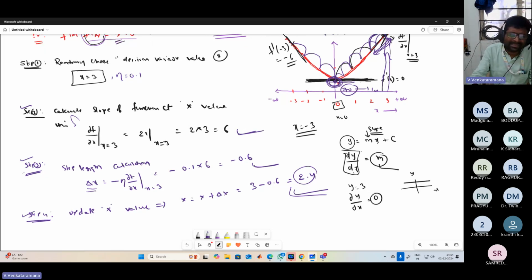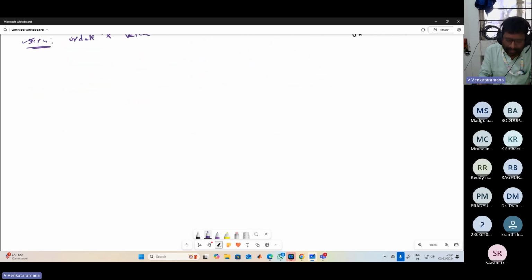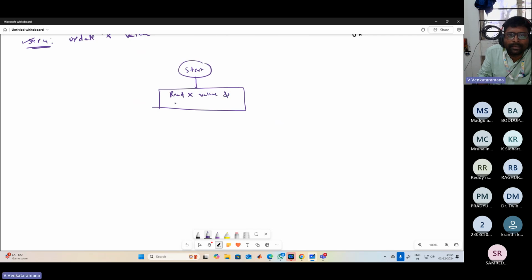Okay. So I'm trying to draw a small flow chart for this gradient descent algorithm. You need to start, and here you need to read the x value and the number of iterations. How many iterations max, how many iterations do you want to run? Let us assume 100, as an example.